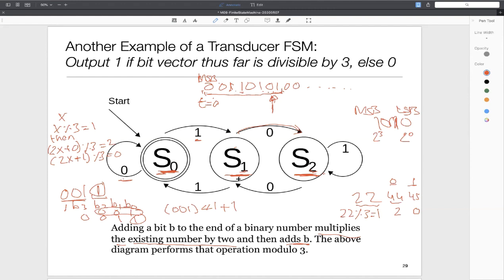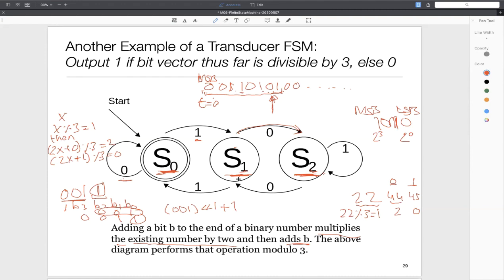Every time I get a new bit, it is 2 times the current number x plus the bit. But now you have to think about what is happening to the remainder, given that I was in state S0 or S1 or S2 or S3 or S4. So again, exploit arithmetic. Once you have seen this, you should be able to solve similar problems where the division is by some other number.